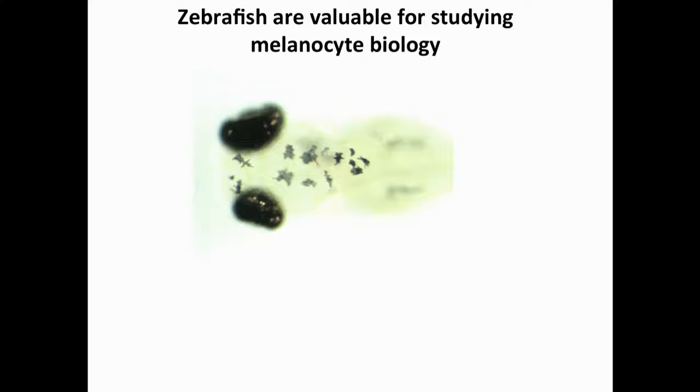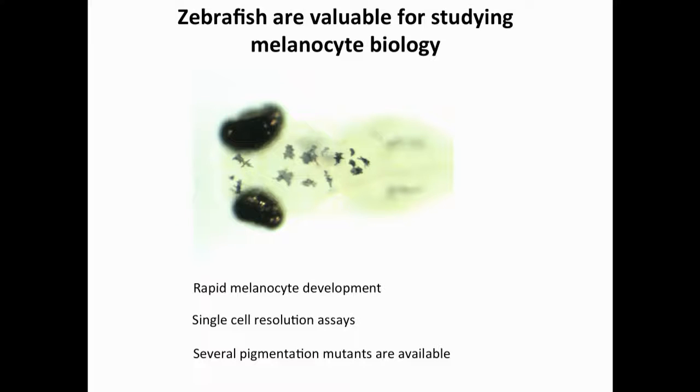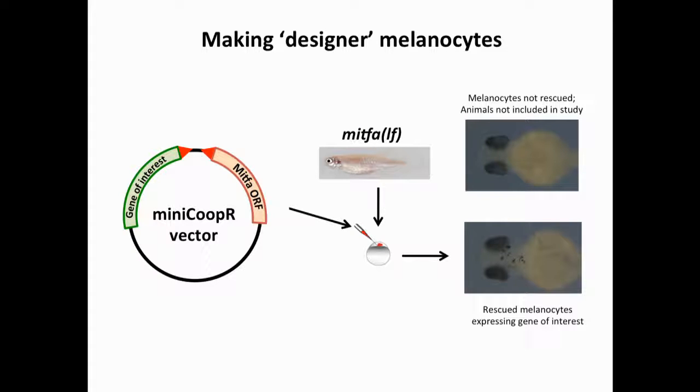And why is that? It's very clear. As you all know, it has rapid melanocyte development. Several single-cell resolution assays are available, and several pigmentation mutants are also available. One of these great assays is the Mini Cooper assay, which allows us to make designer melanocytes. We take advantage of the MITFA mutant.